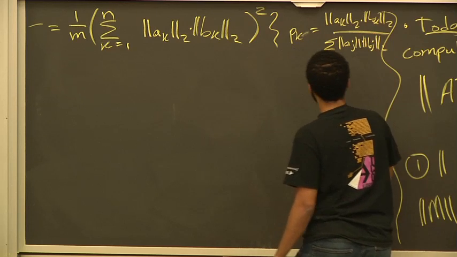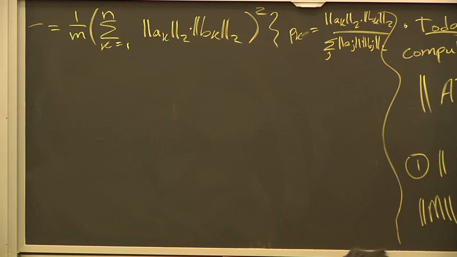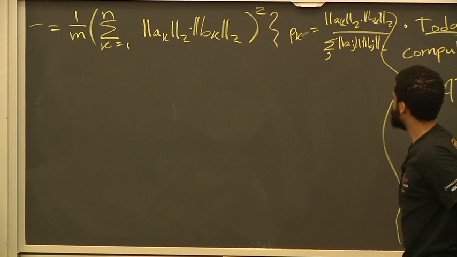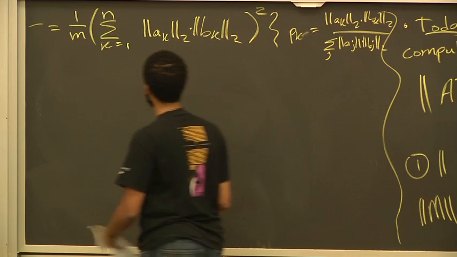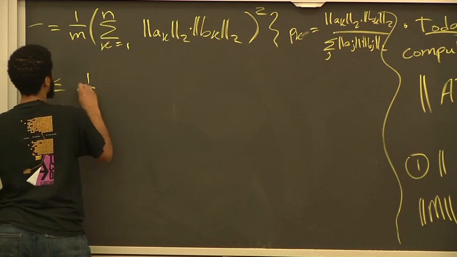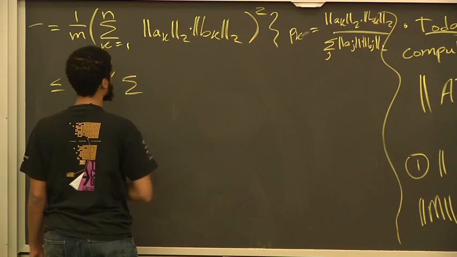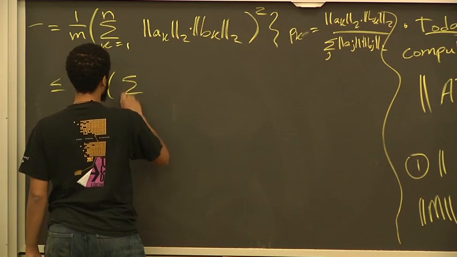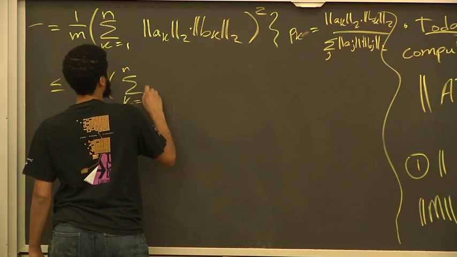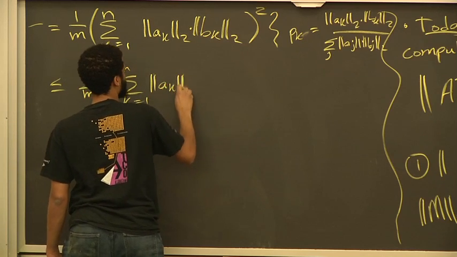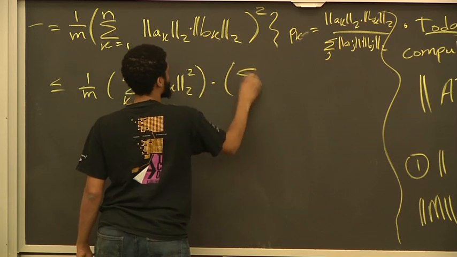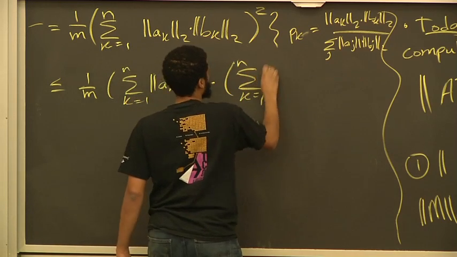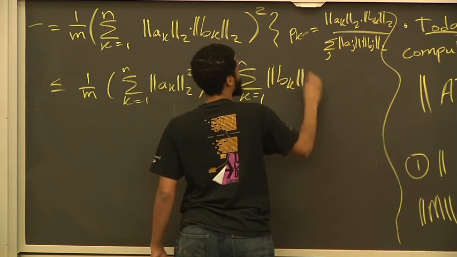That's what I meant when I said proportional to this. And then I use Cauchy-Schwarz. This thing is at most 1 over m times the sum k equals 1 to n of ak squared times the sum k goes from 1 to n of bk squared.